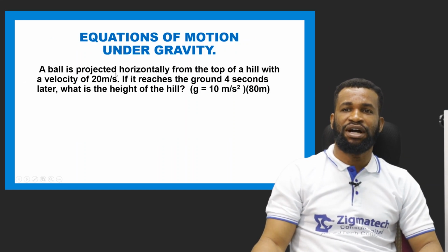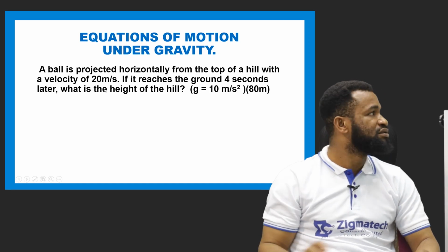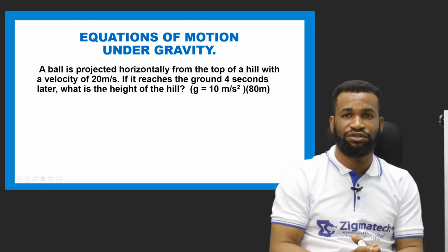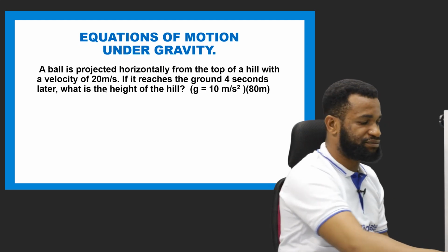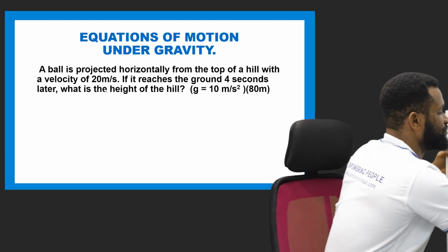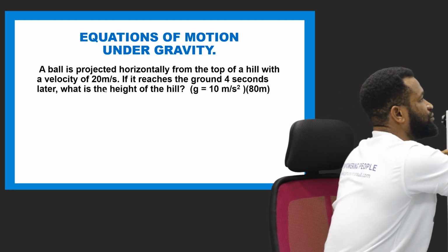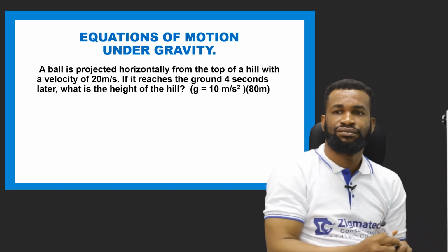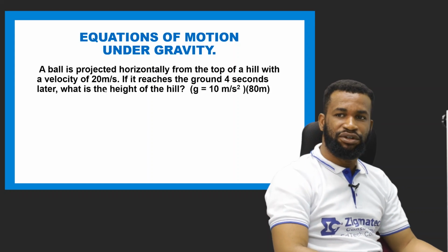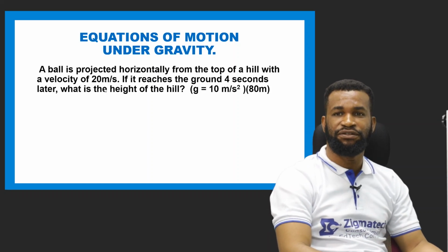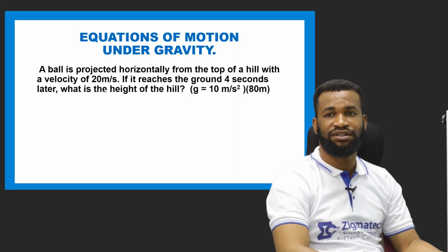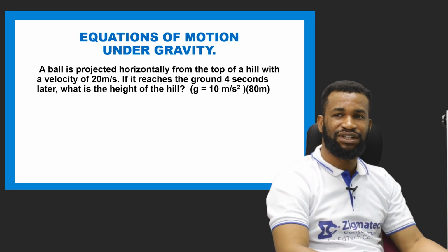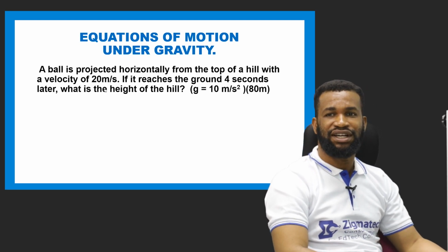Now, let's talk about a few questions on the equations of motion under gravity. A ball is projected horizontally from the top of a hill with a velocity of 20 meters per second. If it reaches the ground 4 seconds later, what is the height of the hill?